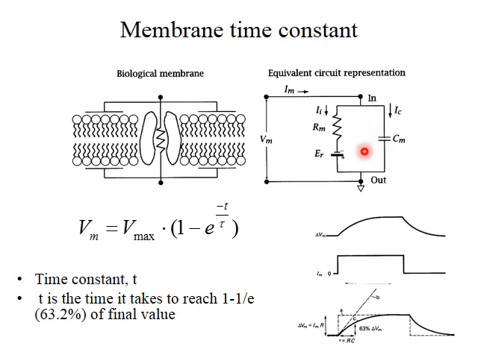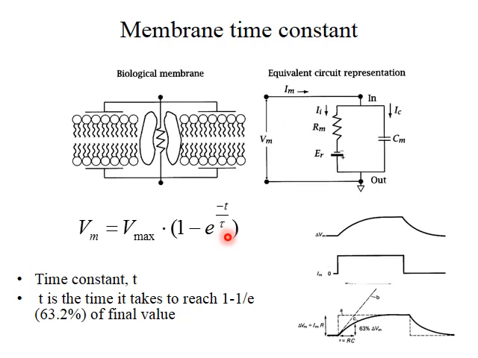We're not going to go through the derivation of the equation, but we will just display here the solution, which tells us that the membrane potential equals a certain maximal potential that the cell will depolarize to, times 1 minus e to the minus t over tau. T represents time, and tau represents a specific time constant that tells us how quickly the voltage is changing.